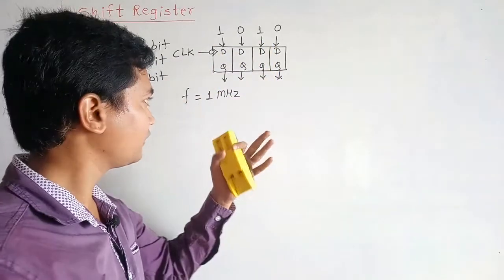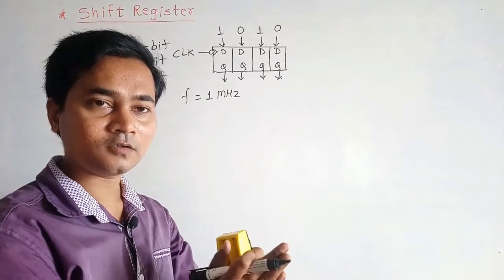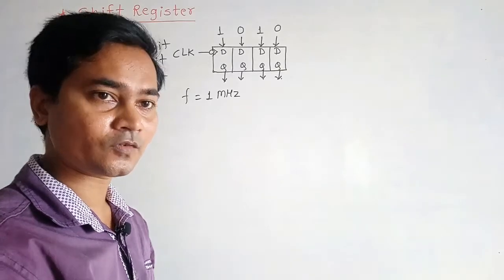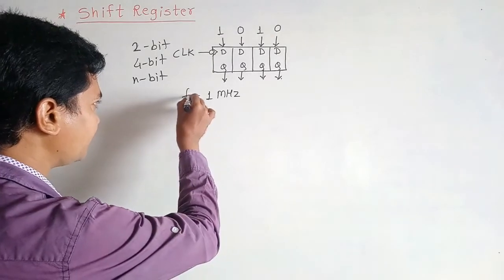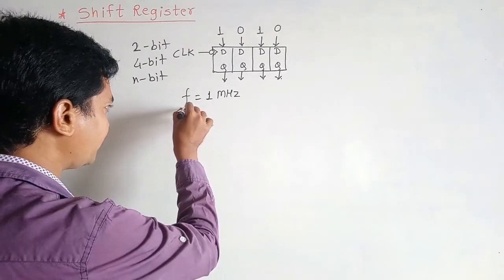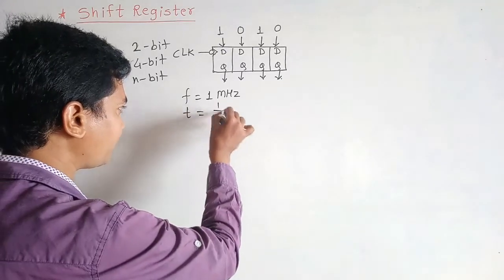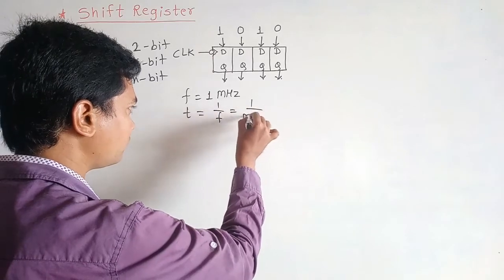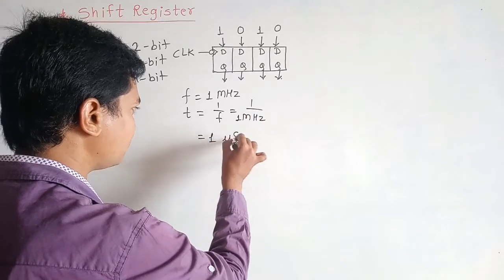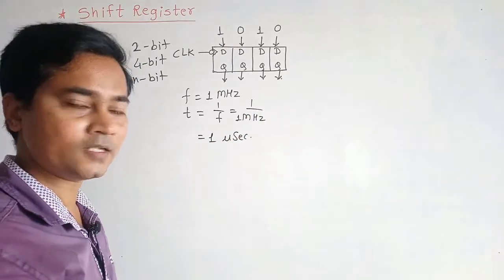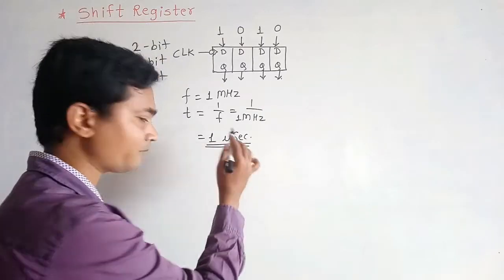Consider that we want to hold the output for, say, 100 microseconds. Then what can we do? From this frequency, first we calculate the time period of a single clock period. 1 upon f, that is 1 upon 1 megahertz, which is equal to 1 microsecond. That means the data will be shifted after each and every 1 microsecond.